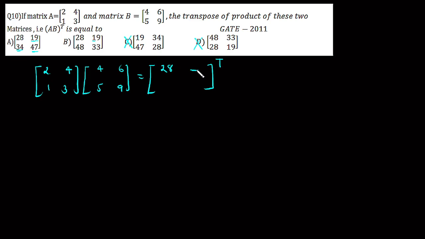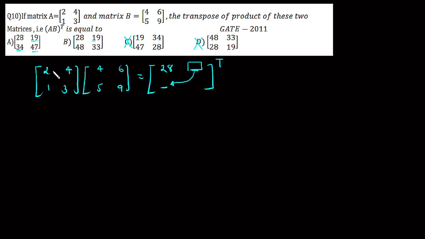If I take the transpose of this one, then this entry will come here, which is 34 in option A, and option B has 48. So I have to find this entry in the multiplication to reach this entry in the transpose. So let's find this entry.